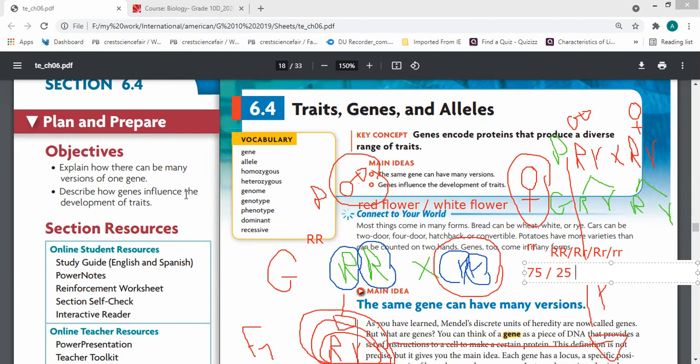The first generation is 100% dominant, and the second is 75 to 25, right? 75 to 25. But in the first generation, the two parents are pure. One of them pure dominant, the other one pure recessive.